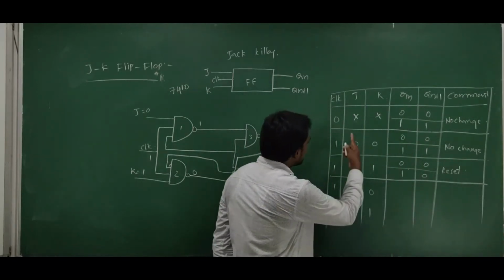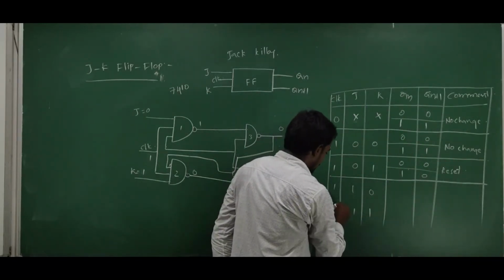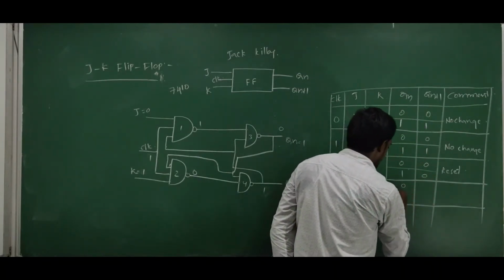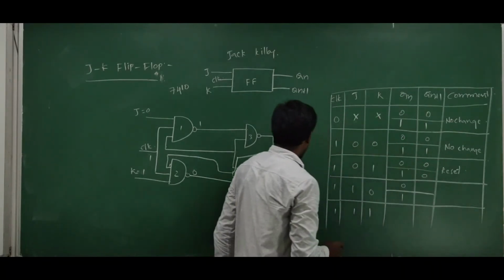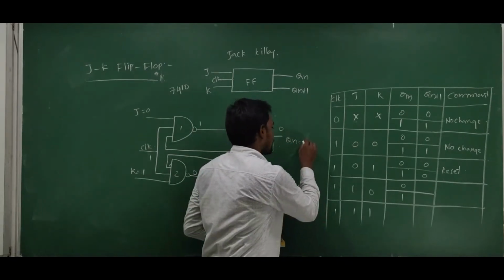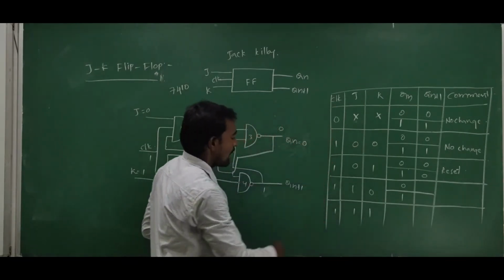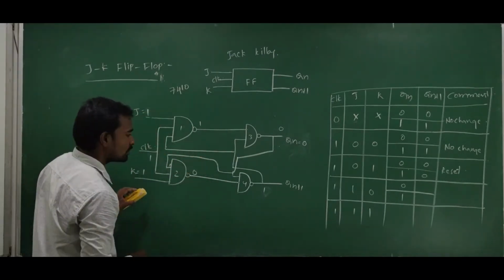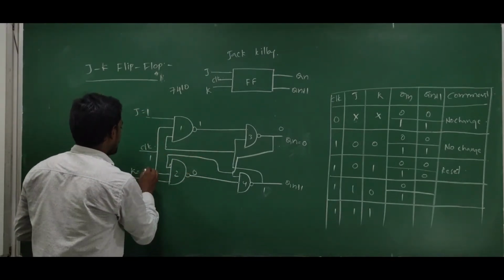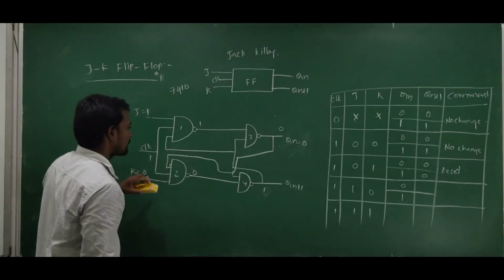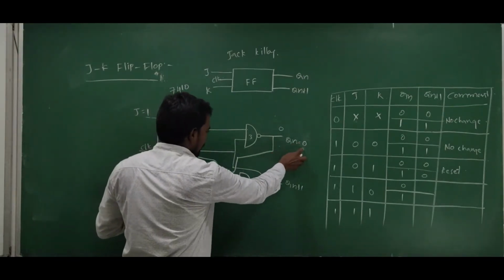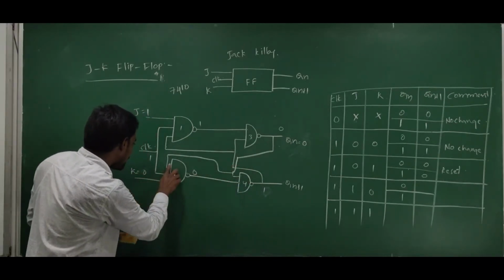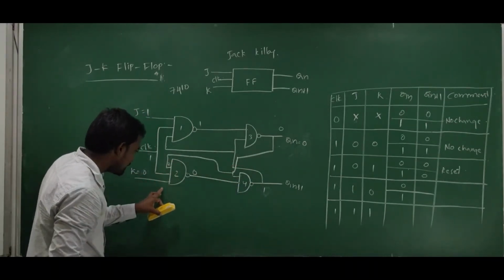Okay, and next take it as J is equal to 1 and K is equal to 0 and Q is equal to 0 and 1. Okay, here take it as Qn is equal to 0 and J is equal to 1 and K is equal to 0, clock signal is equal to 1. Okay, for the Qn is equal to 0, that Qn is equal to 0 applied here, and 0 cross anything is equal to 0 here.